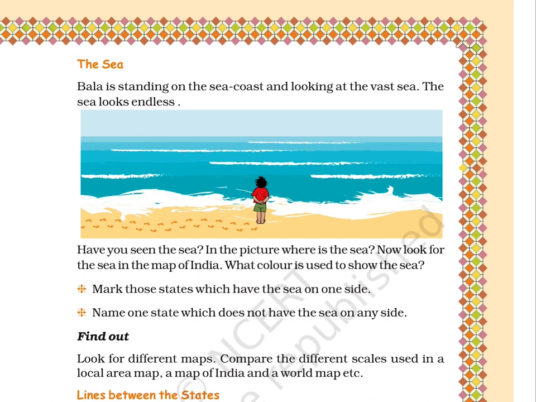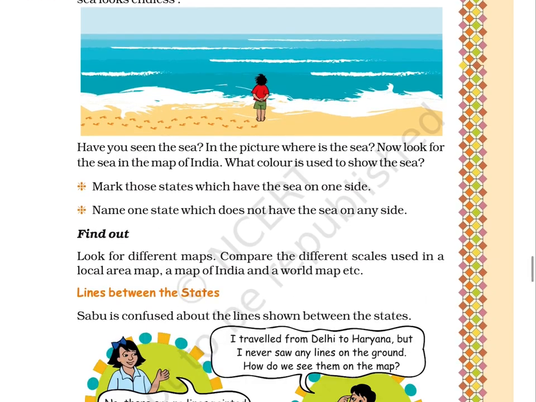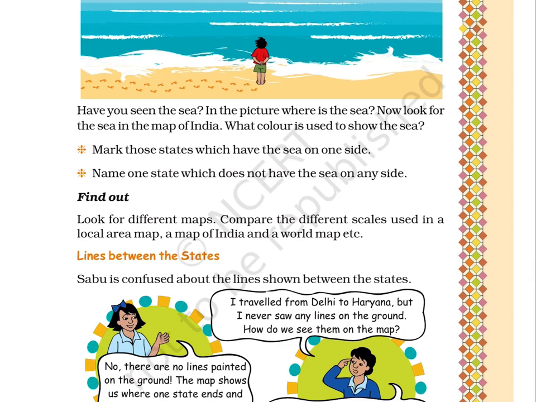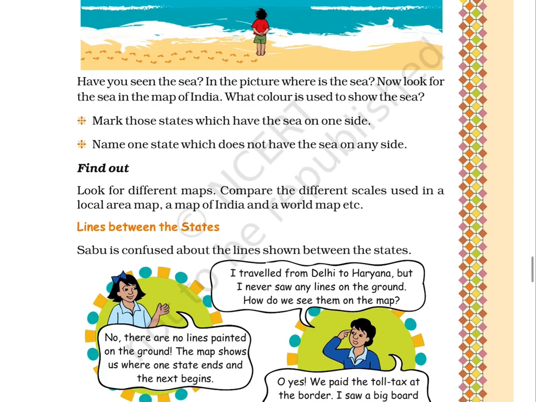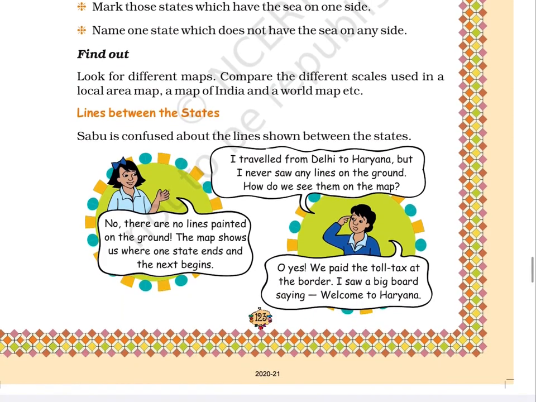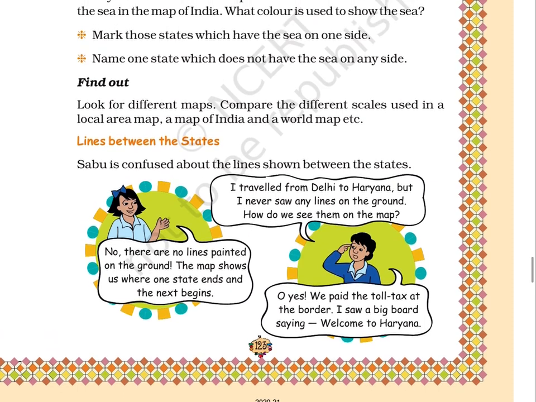What color is used to show the sea? Mark those states which have the sea on one side. Name one state which does not have the sea on any side. Find out. Look for different maps. Compare the different scales used in a local area map, a map of India, and a world map, etc.